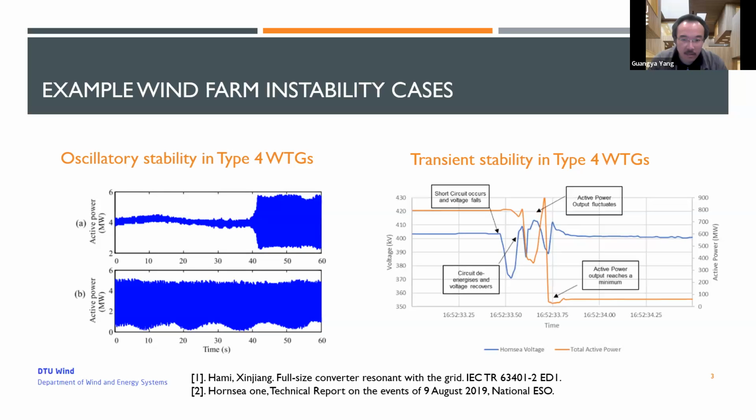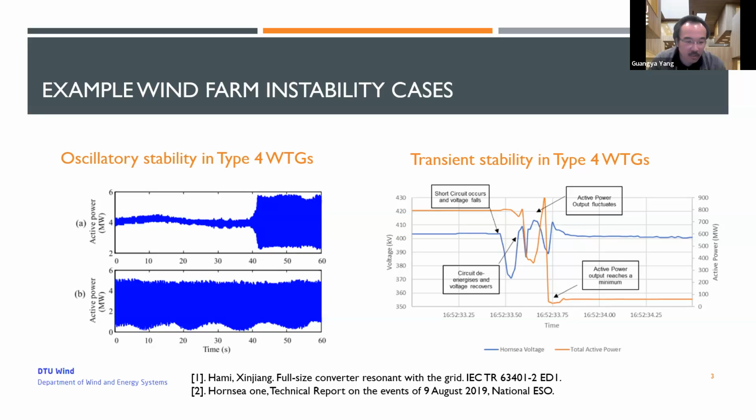So there have been a couple of cases in the past where there are stability issues related to Type 4 wind turbines. Type 4, as probably many of you know, is a full converter connected wind turbine, where the interface between the turbine and grid is a full-scale converter. And there have been both small signal and transient stability phenomena seen in industry. There are two cases listed here.